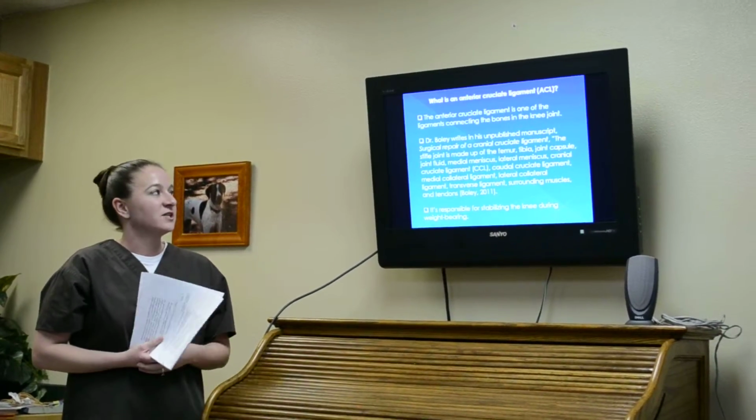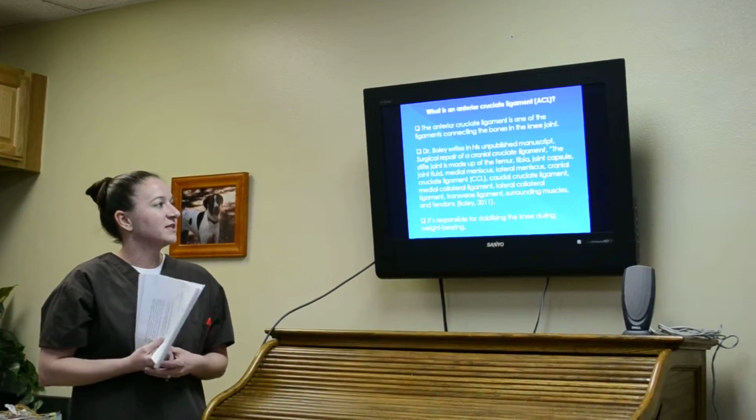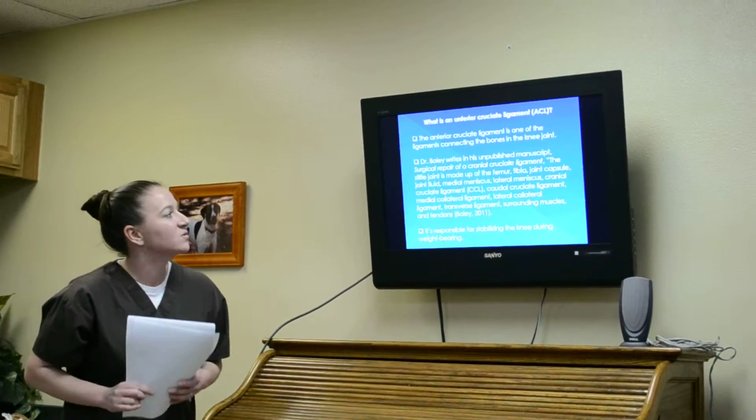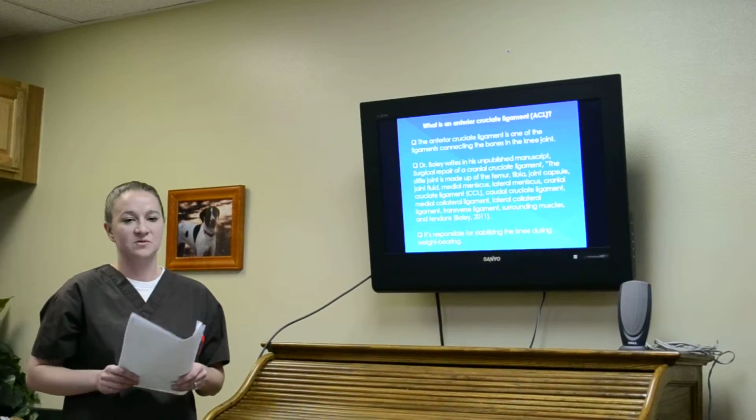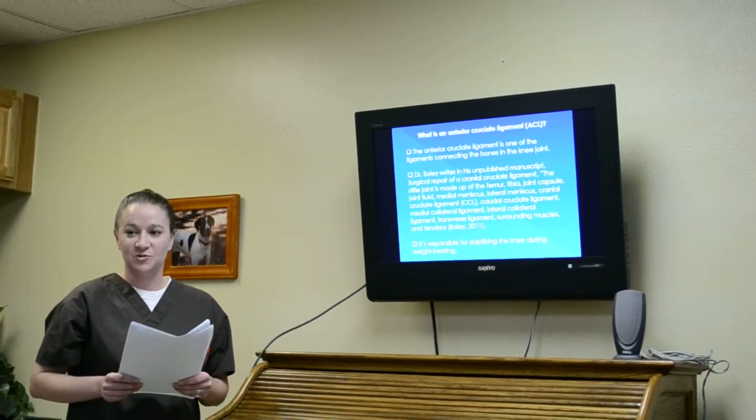First of all, the anterior cruciate ligament is one of the ligaments connecting the bones in the knee joint.